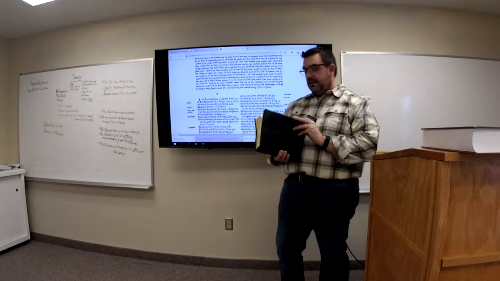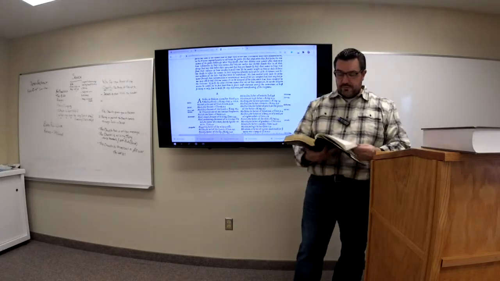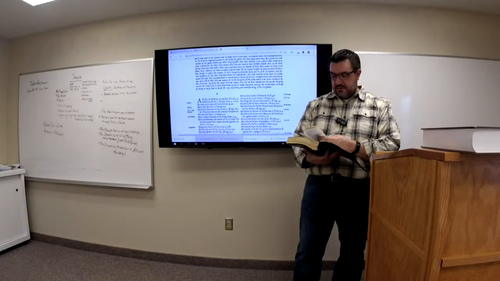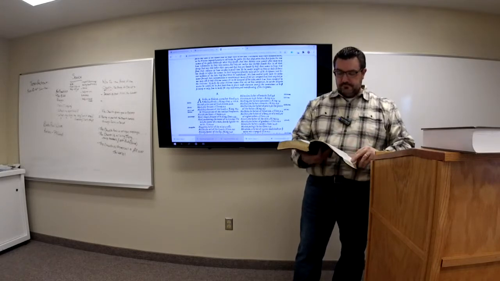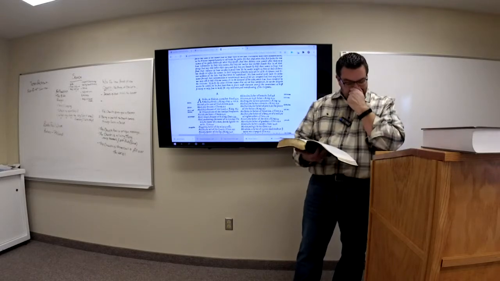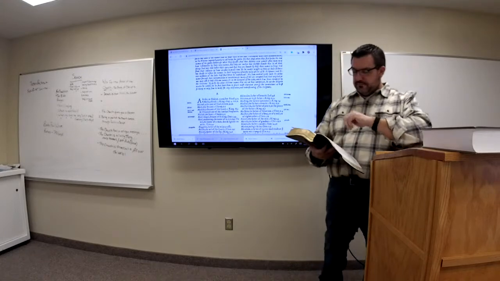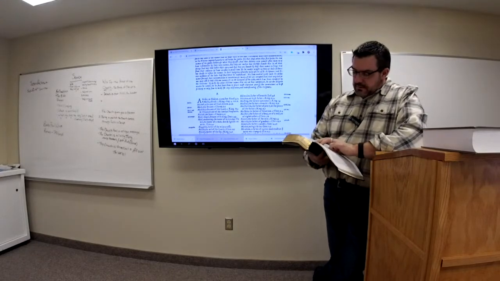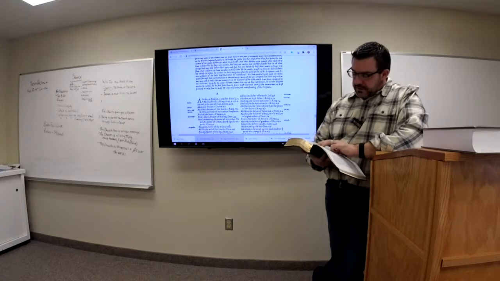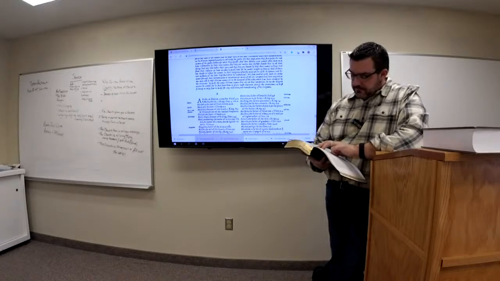So let's go look at Exodus chapter 4, verse 14. Exodus 4:14: And the anger of the Lord was kindled against Moses, and he said, is not Aaron the Levite thy brother?